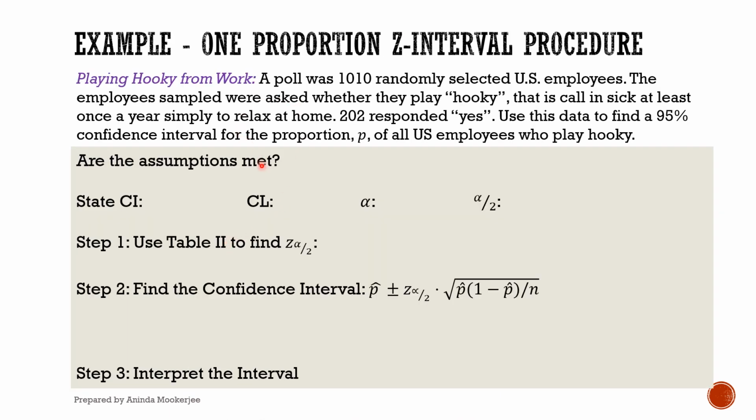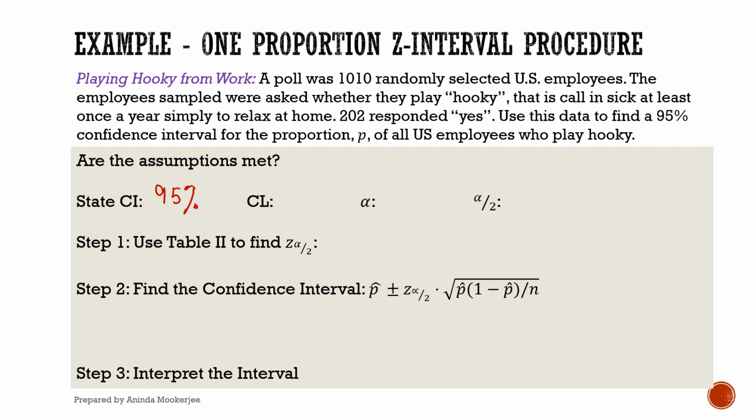Now here we will go through the steps of finding the confidence interval. We are using the 95% confidence interval. So it says state CI, so that's going to be 95%.